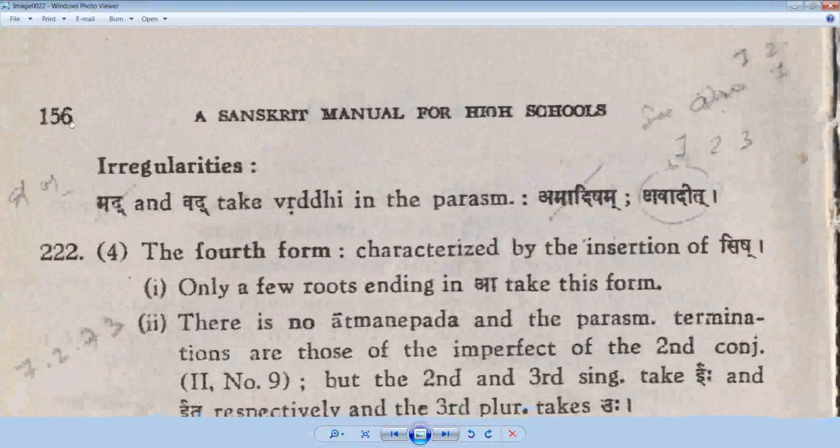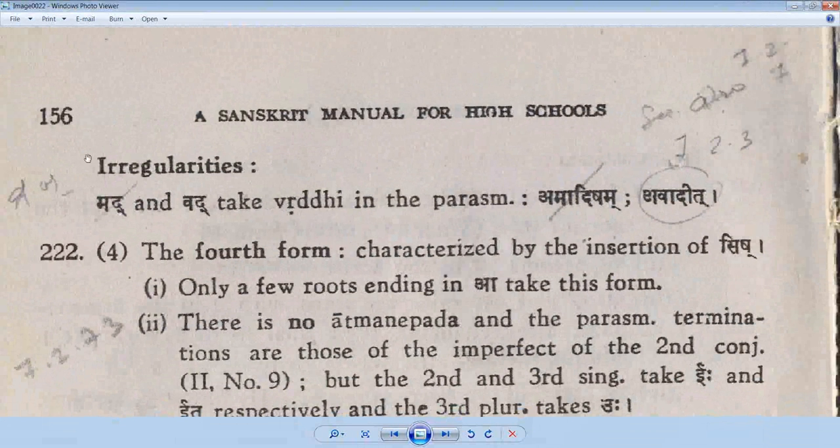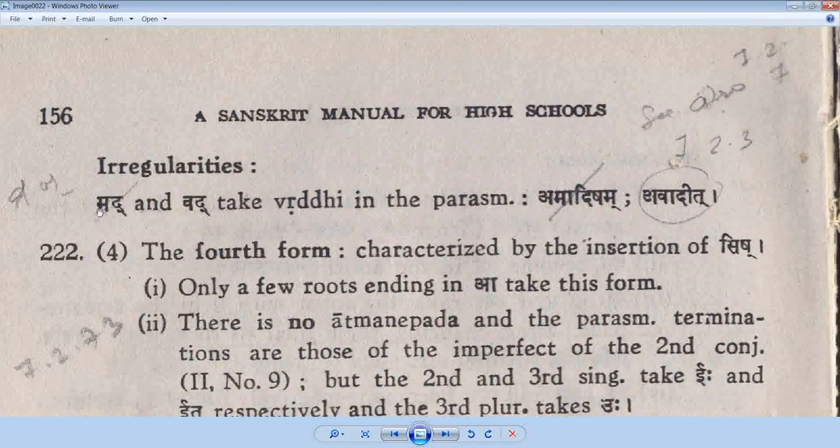Before we go there, he has put irregularities. I don't know why he put Mada. I think it's Vraja. Vada Vraja Halantasya. So Vraja and Vada take Vriddhi in Parasmaipada, right? So it's Vraja.